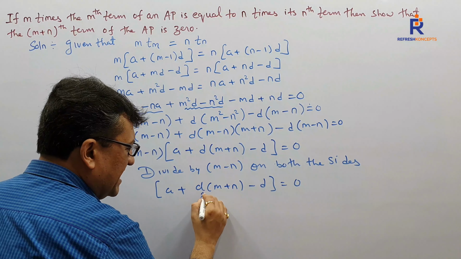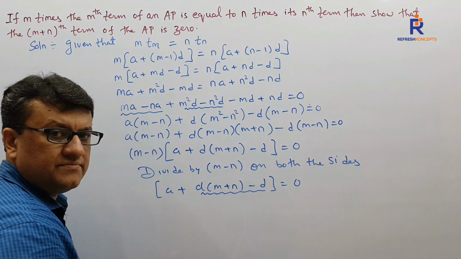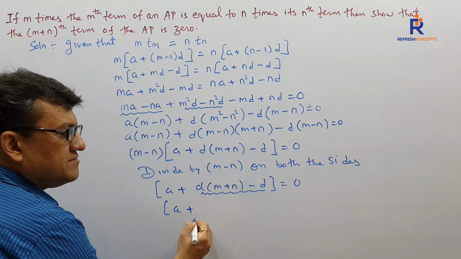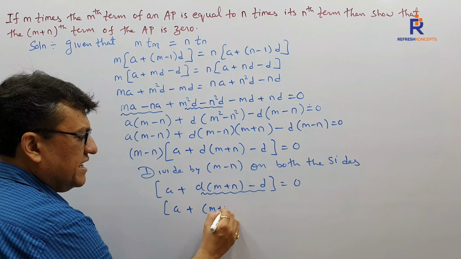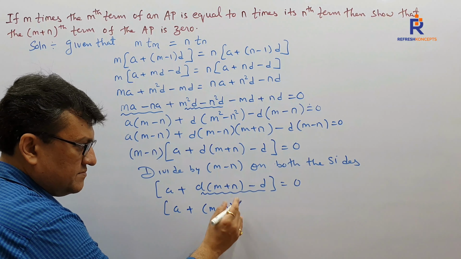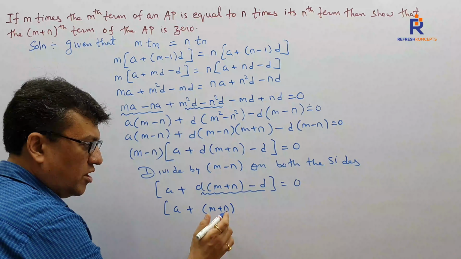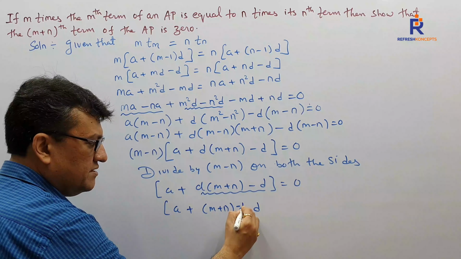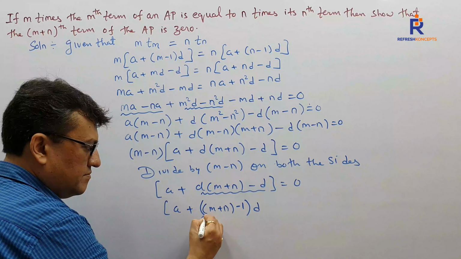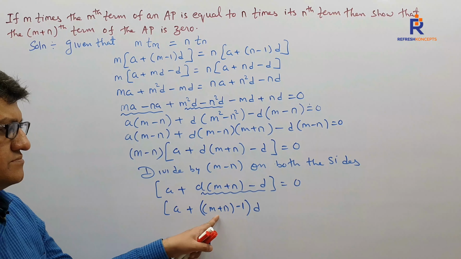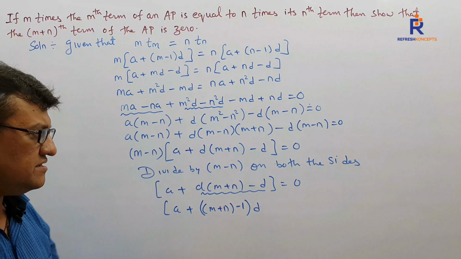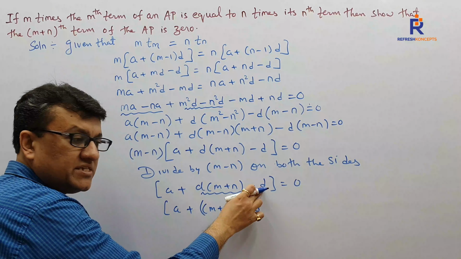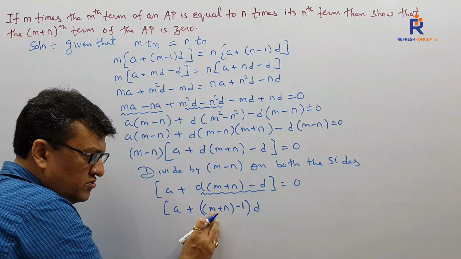Now, if I take something common over here, what I shall say? a plus m plus n, d is common, so can I say d here minus 1. d common, so d into minus 1 minus d into m plus n.